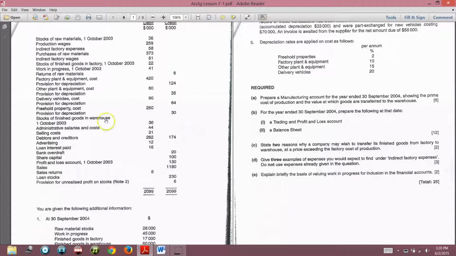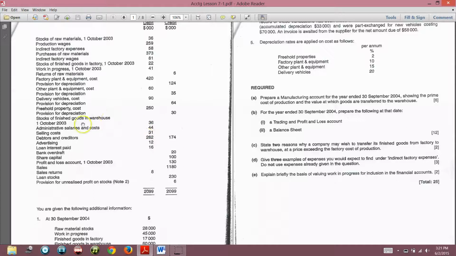The opening stock of finished goods in the warehouse is a figure brought forward from last year. So what is the opening stock of finished goods excluding the profit element? The 36,000 is at 120%, so the cost will be 36 times 100 divided by 120.